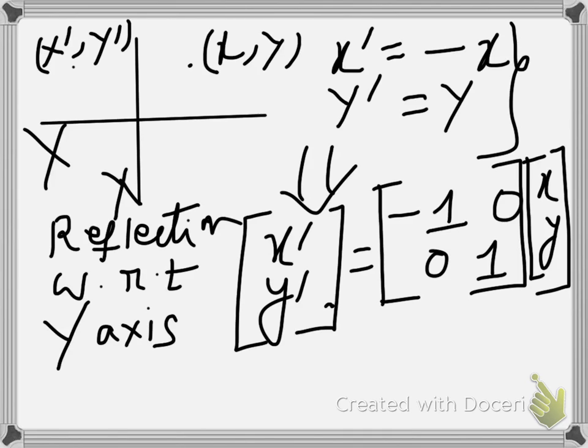So this can be your reflection matrix with respect to y-axis. Now try to convert this thing into homogeneous system.